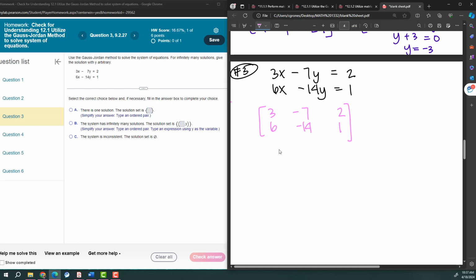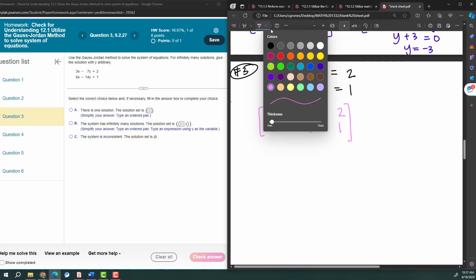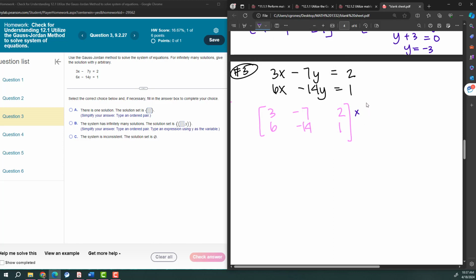So remember our final answer, we want 1, 0, 0, 1, and then we'll have some values at the end. So let's start with our first row. I'm going to multiply by -2 to our top row.